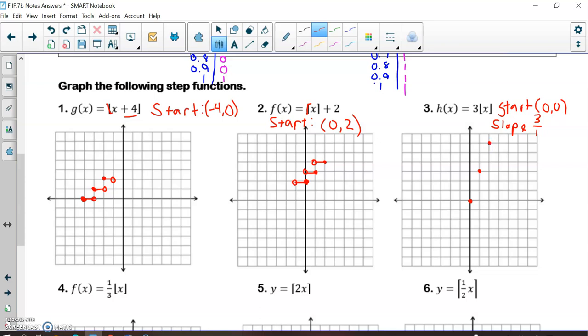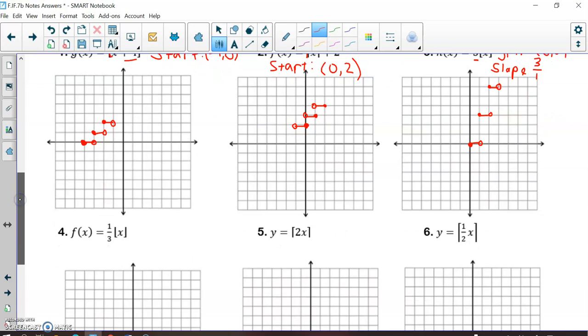This is a floor function, so each step's going to open to the right and end directly underneath where the next step starts. So basically what we did was we did a vertical stretch, and that means that each of the steps are going to be spread out further away from one another.